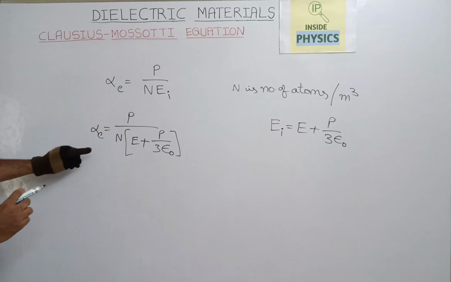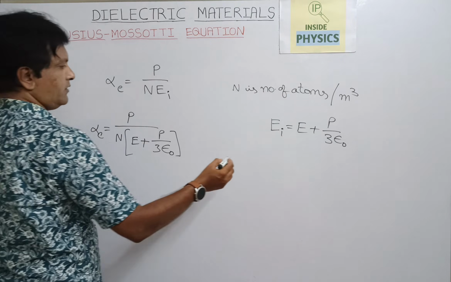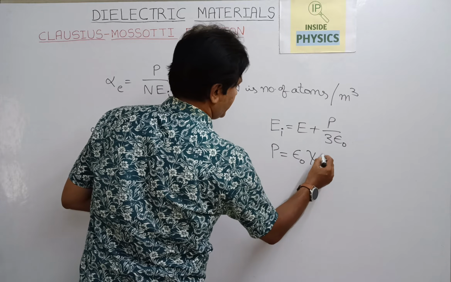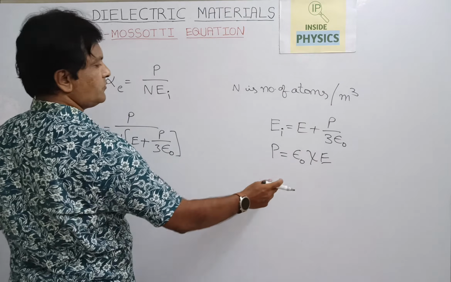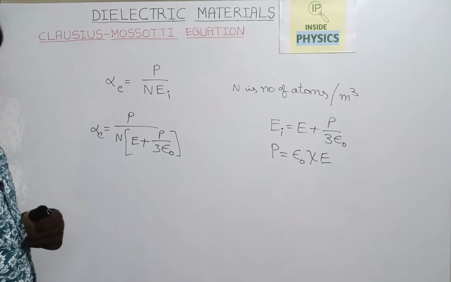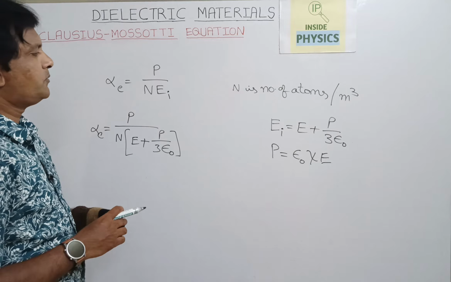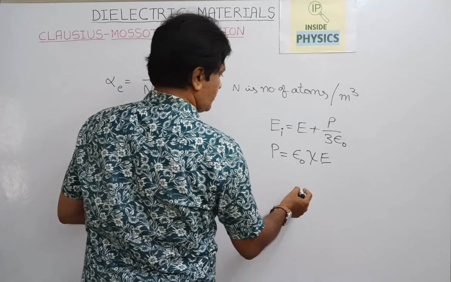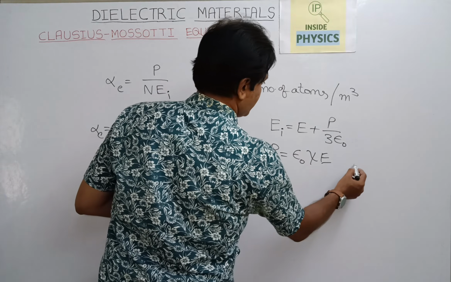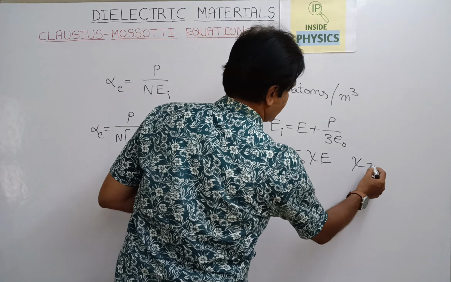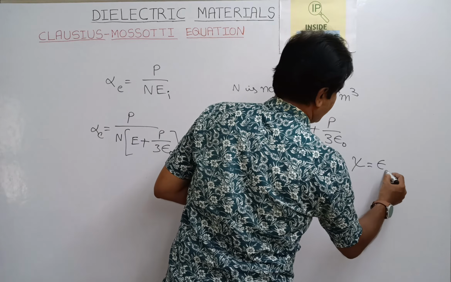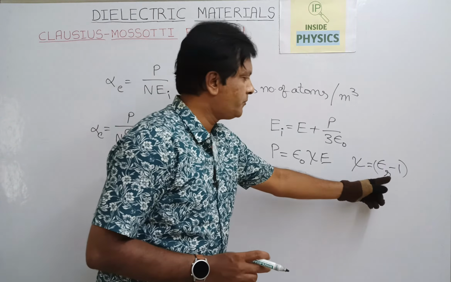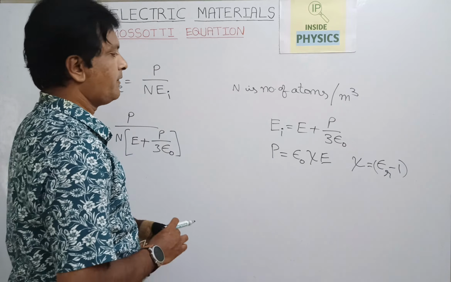We all know that the polarization is nothing but epsilon naught into psi into the external field, where psi is the susceptibility of a particular material. This polarizability and susceptibility depend on the nature of the materials. Here we know that susceptibility psi is equal to epsilon r minus 1, the relative permittivity minus 1.